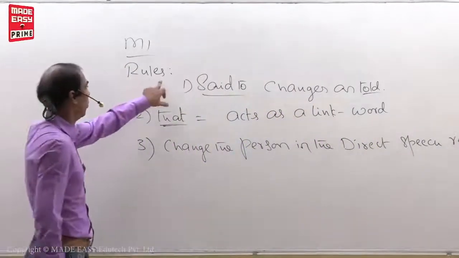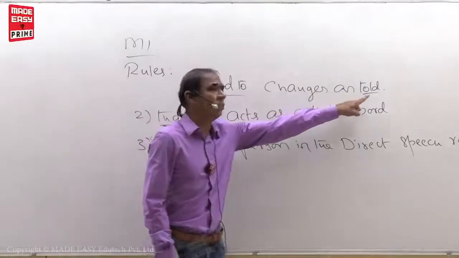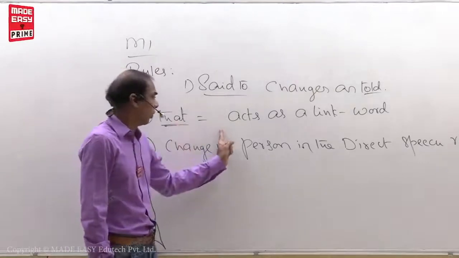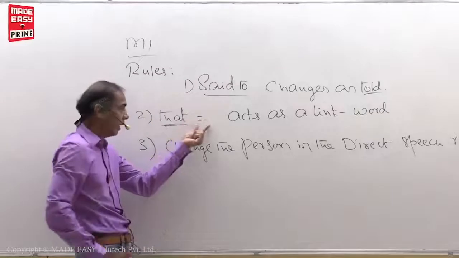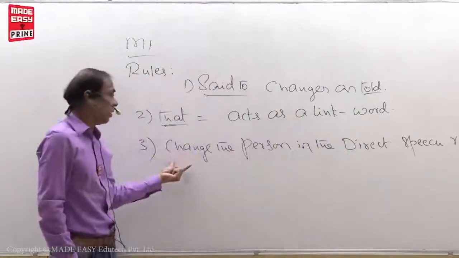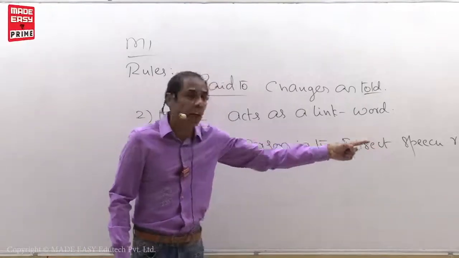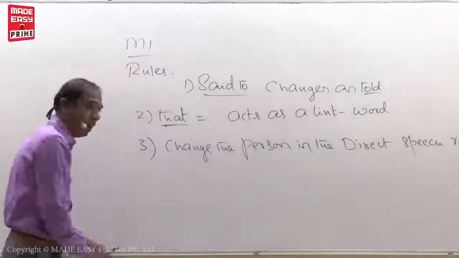See, these are the 3 rules. Model number 1. What is the first rule? Said to changes as told. That is equal to, it acts as a link word. Change the person in the direct speech relating to the speaker. Okay? Now see.